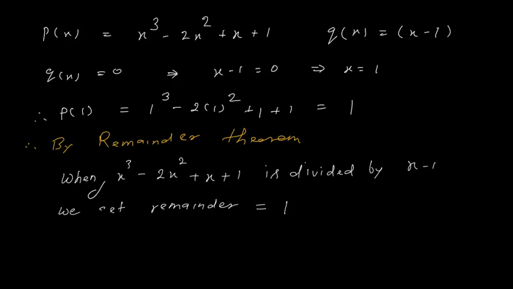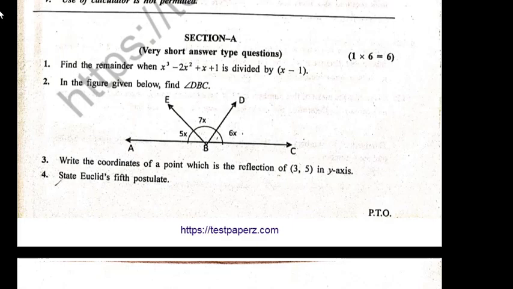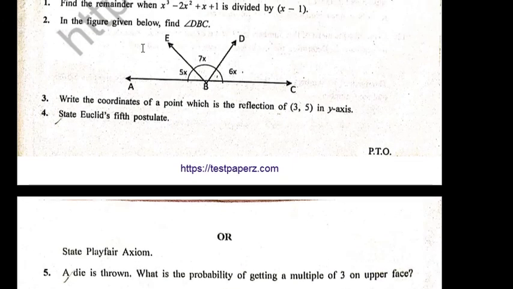Now let us move to the second question. In the figure below, find DBC. So in this figure you have to find DBC. Angle ABE plus ABD plus DBC is equal to 180 degrees. The reason you specify is that angles in a linear pair add up to 180.